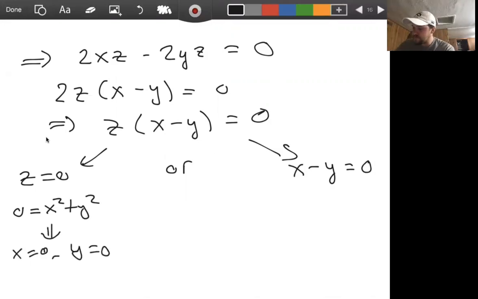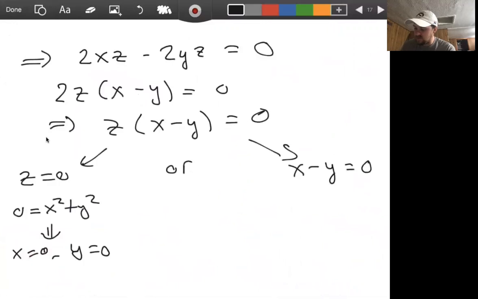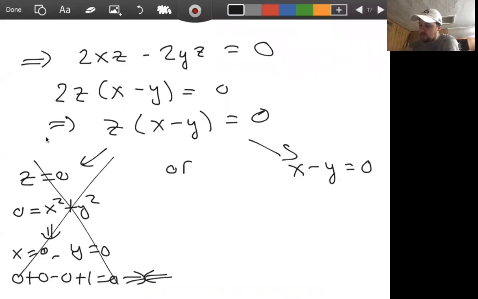However, we also have the constraint that x plus y minus z plus 1 equals 0. But if you notice, if all of these are 0, well, then we have 0 plus 0 minus 0 plus 1 equals 0. That's a contradiction, right? We can't have that 0 equals 1. And so that means this case is not possible.